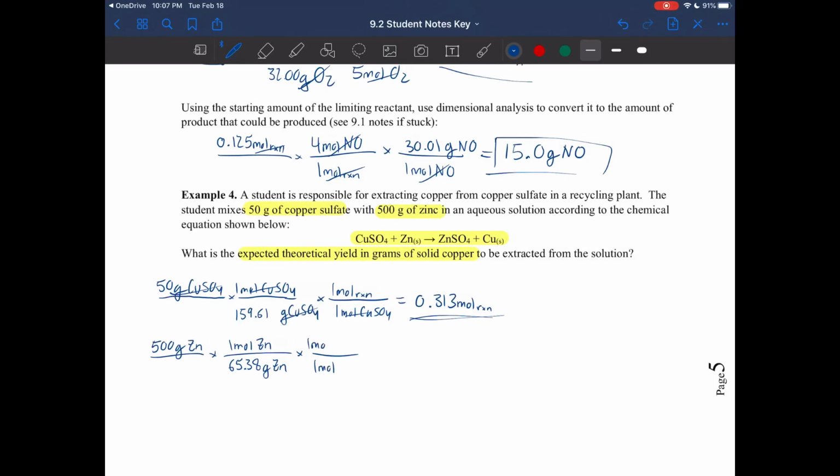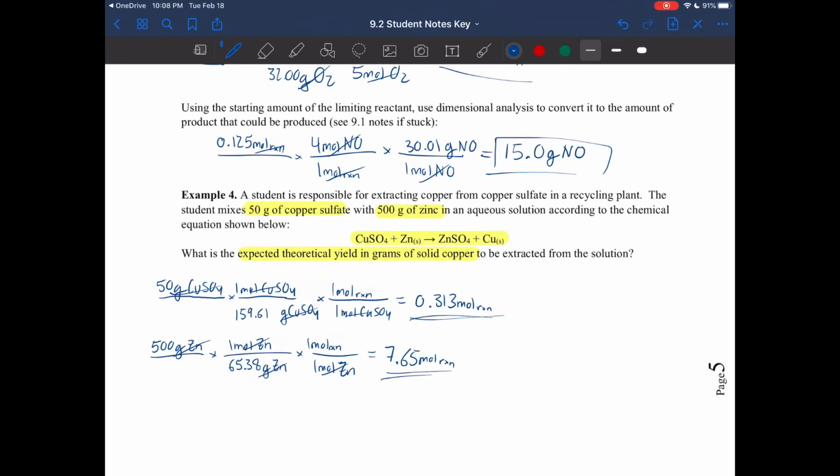So in each mole of reaction that happens, 1 mole of Zn is used up. Our units are canceling, and we can plug in our numbers. 500 divided by 65.38 is equal to 7.65-ish moles of reaction that happened.